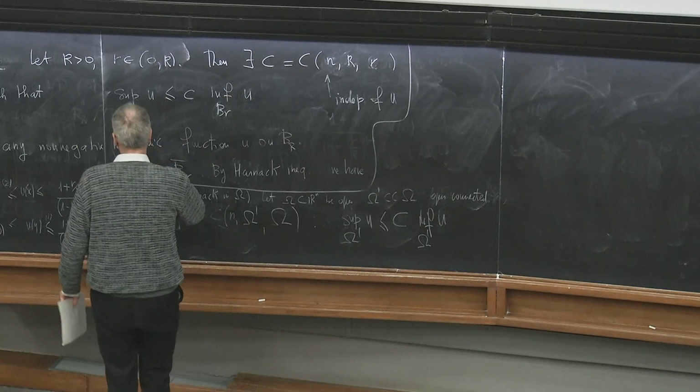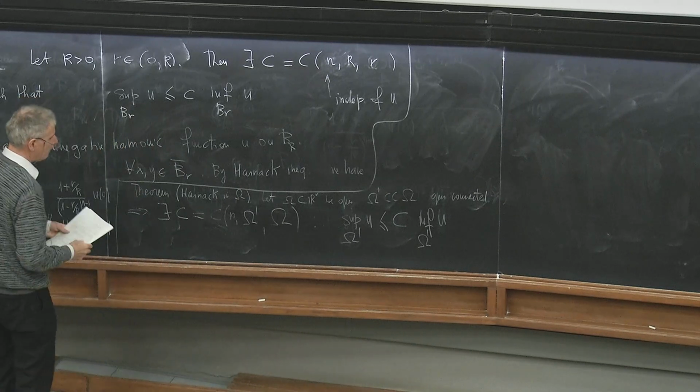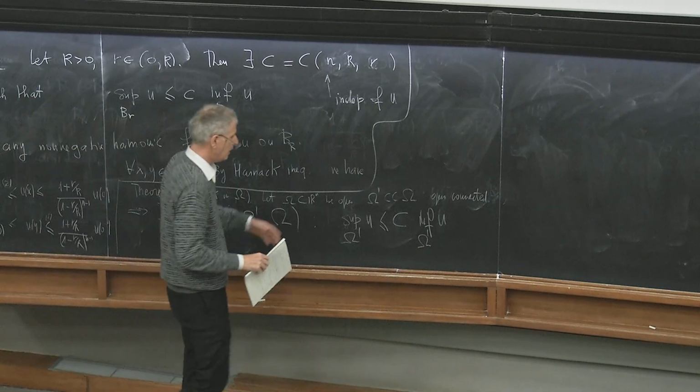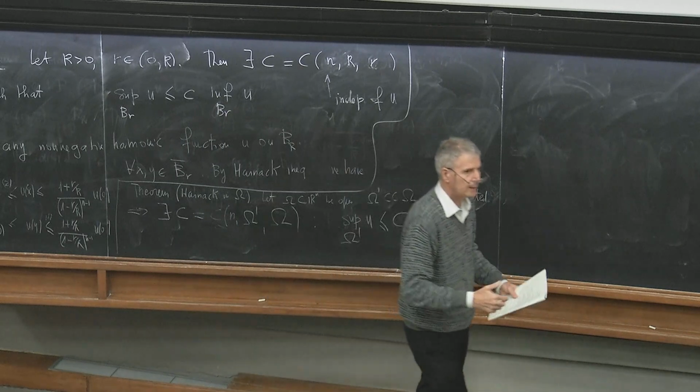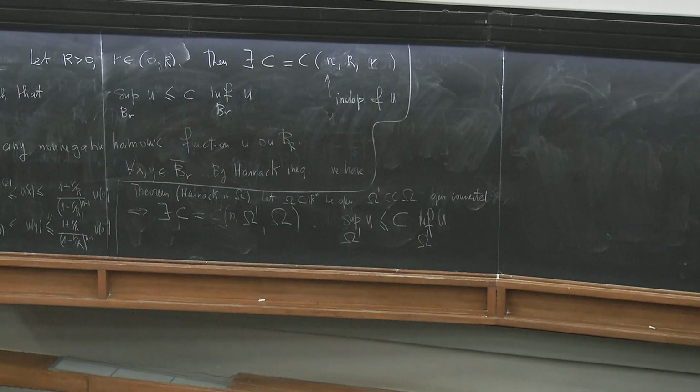but now instead of having two balls, one inside the other, we have one open set, connected, relatively compact, inside an arbitrary open set. Okay?